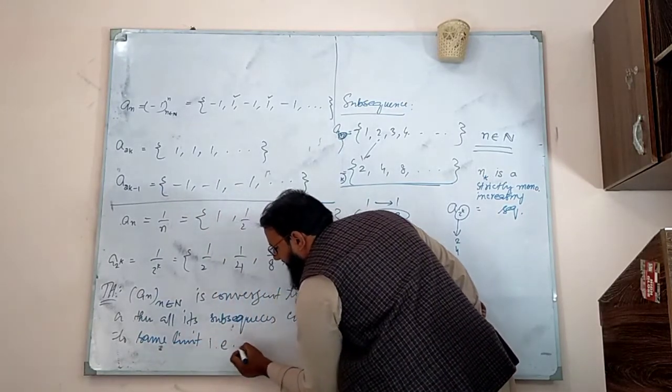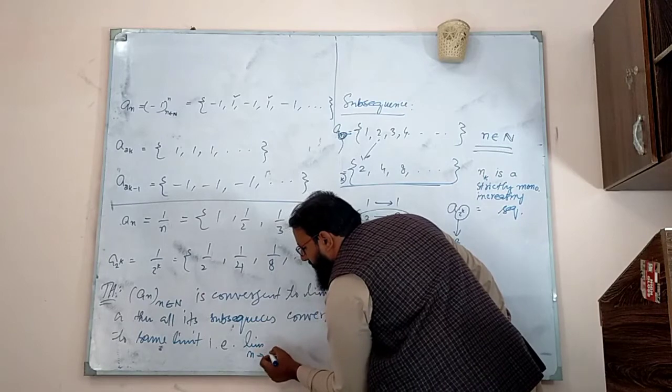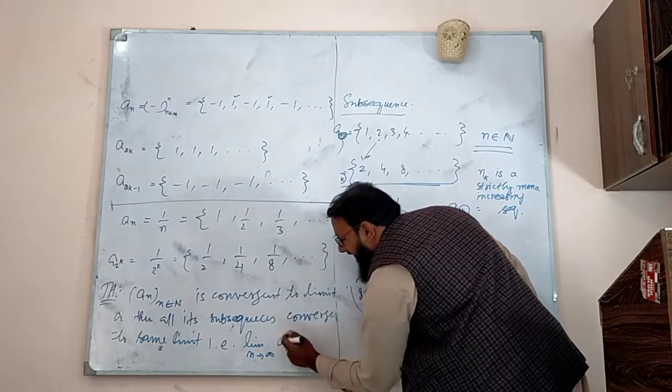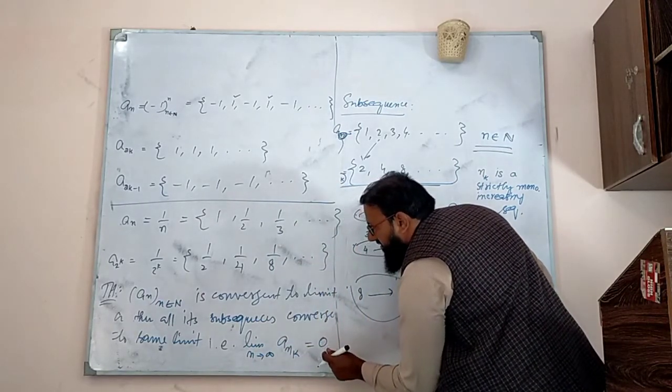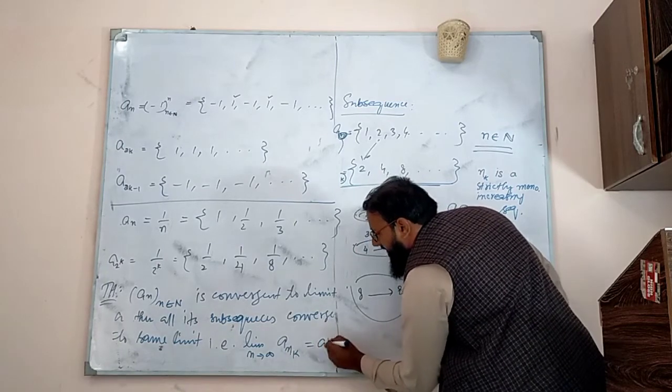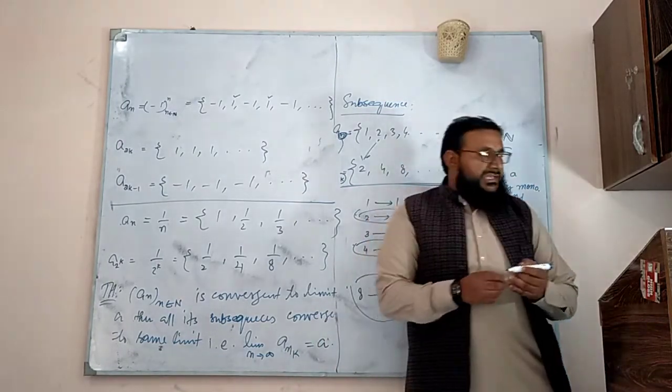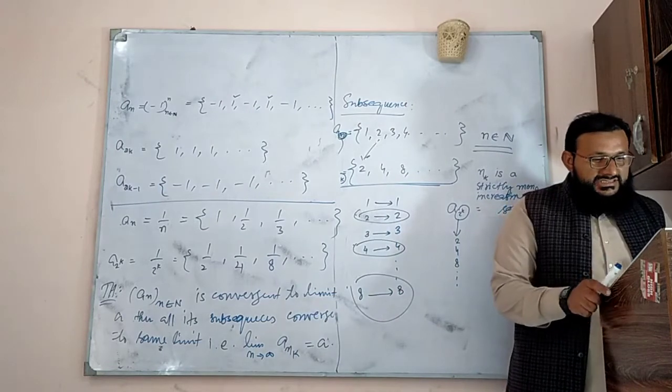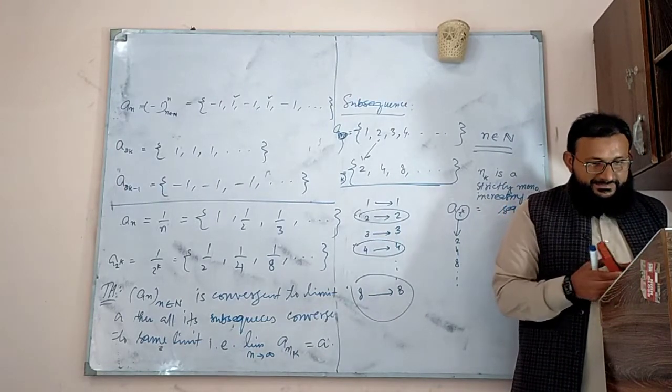What does it mean? Limit as n goes to infinity of a_{n_k}, where a_{n_k} means a subsequence, is also a. If the sequence is convergent, all its subsequences must converge.